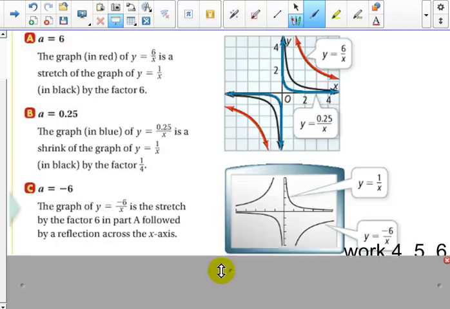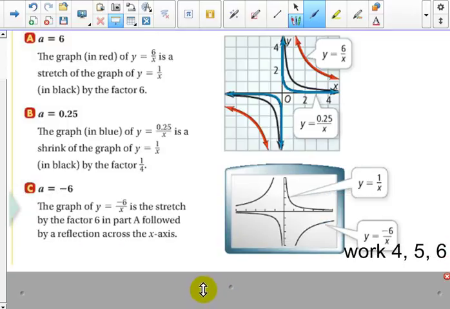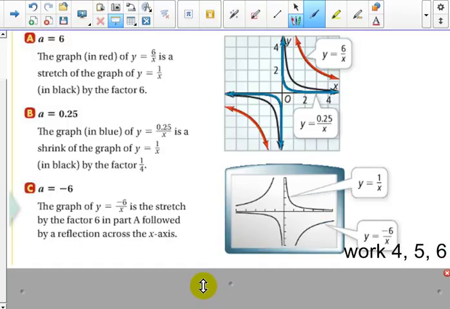Okay, and then here's a negative 6. We can put these in a graphing calculator, which we'll do pretty soon. But you can use the same skills: you know the parent function is 1 over x. How does that compare to y equals negative 6 over x?